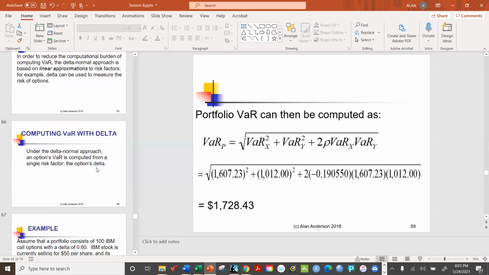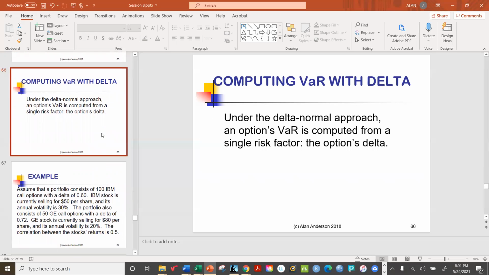For example, you remember from last week, we talked about the Greeks. The delta is the Greek that tells us how sensitive an option's price is to changes in the value of the underlying asset. The call delta is the change in the call price with respect to the stock price, or whatever the asset happens to be.